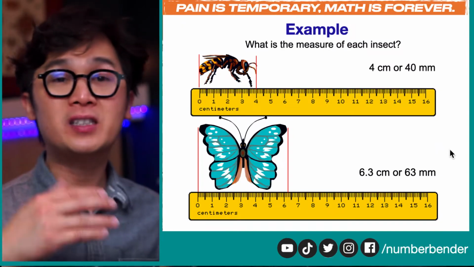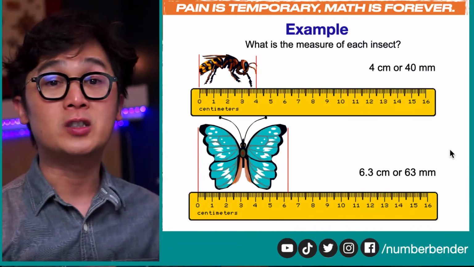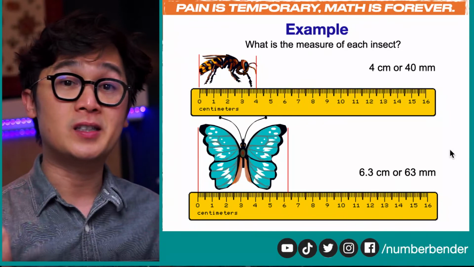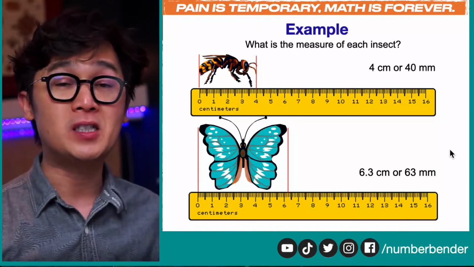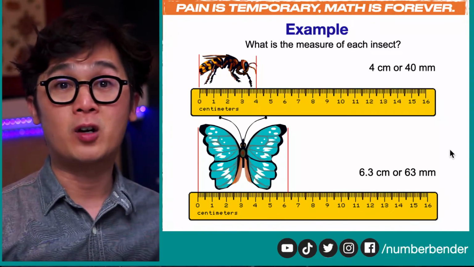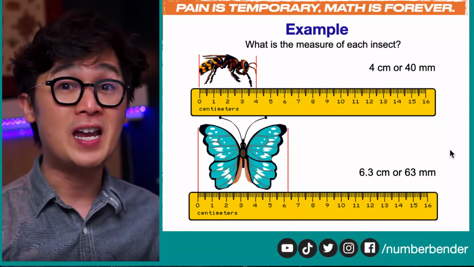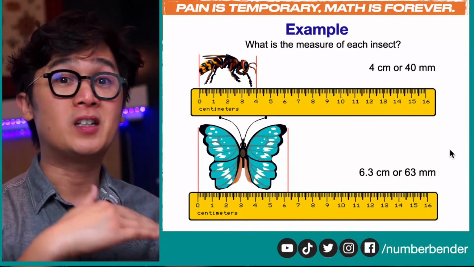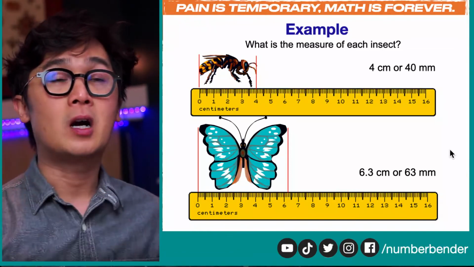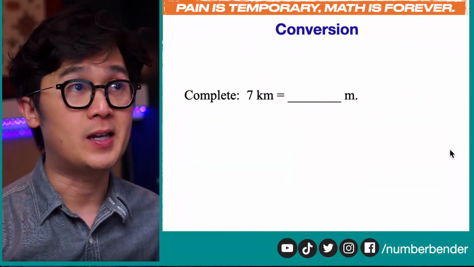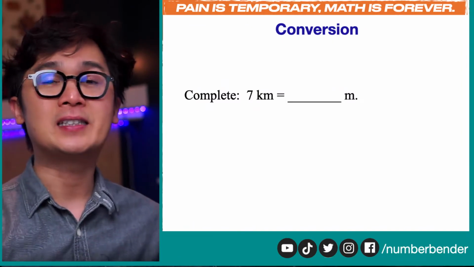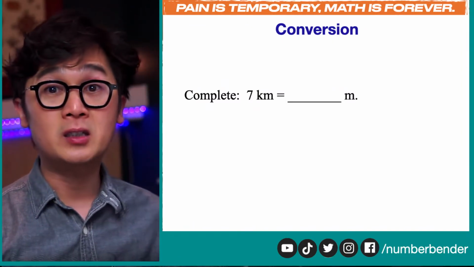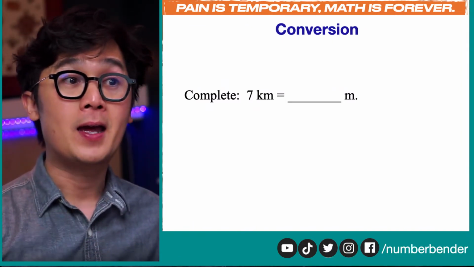So you can see that sometimes it's easy to convert within the metric system because we're using powers of 10 when we are working from one unit of measurement to the other. Now for conversion, let's see if we can convert 7 kilometers into meters.